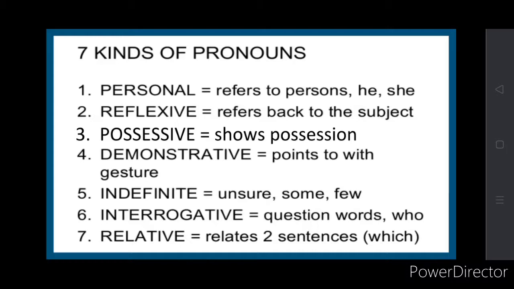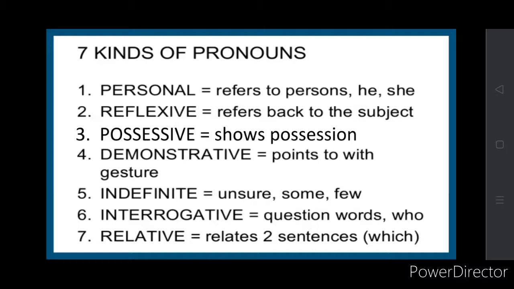Then we have indefinite pronouns, where we are not giving a particular number, but just a random estimate, like some, few. We're referring to things in general. Then we have interrogative pronouns.